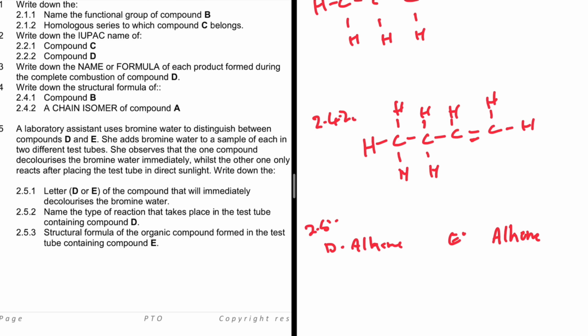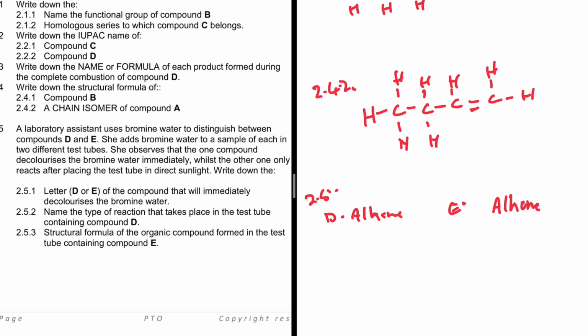She observes that one compound decolorizes the bromine water immediately, while the other one only reacts after placing the test tube in direct sunlight. Write down the letter D or E of the compound that will immediately decolorize the bromine water. So the compound that will immediately decolorize the bromine water should be alkene, right?